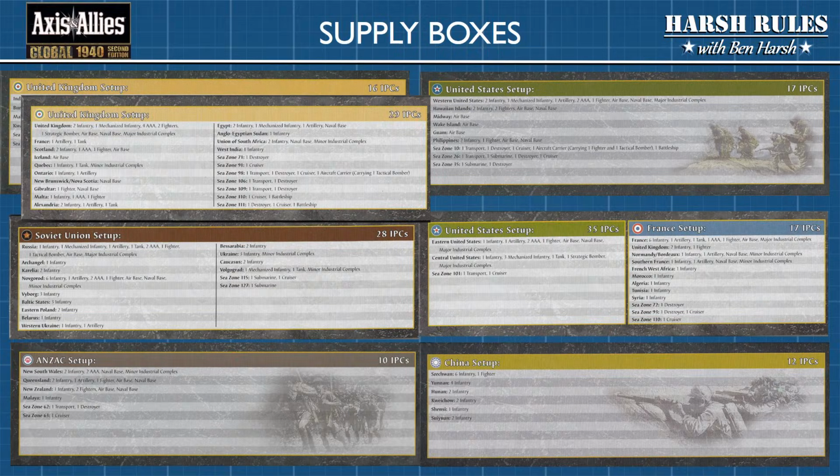Each player will receive at least 1 and sometimes 2 supply boxes filled with their nation's military units. These are the Allied supply boxes, 2 for the United Kingdom, 2 for the United States with France, China, the Soviet Union, and the Anzac.